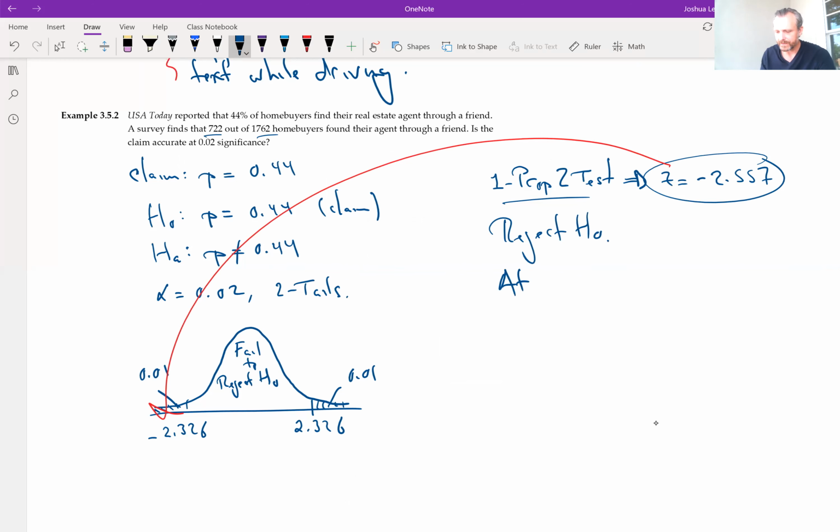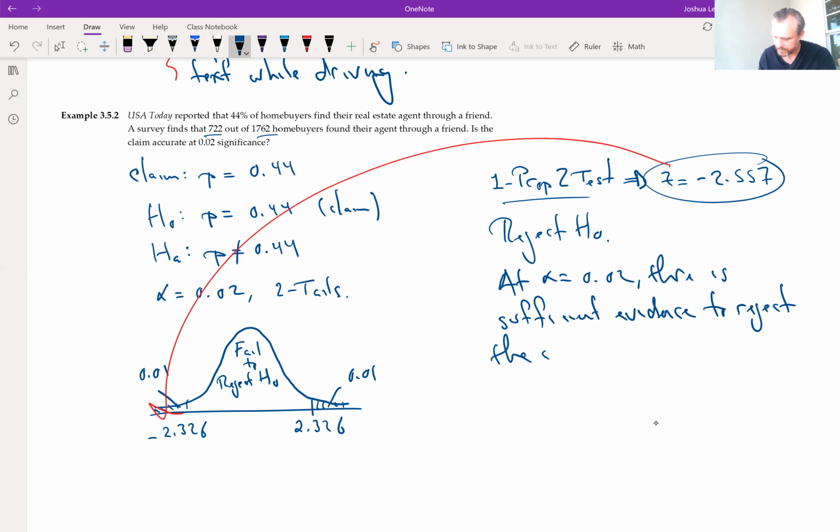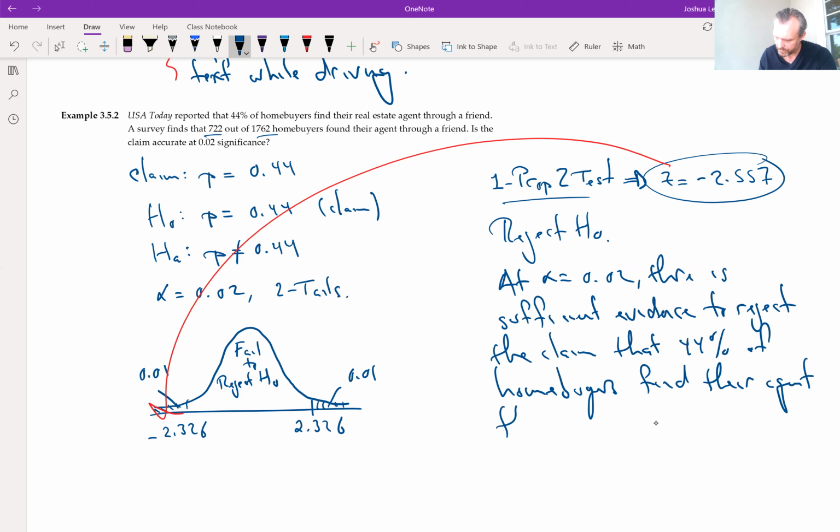And so I say alpha equals 0.02. There is sufficient evidence to reject the claim that 44% of home buyers find their agent through a friend.